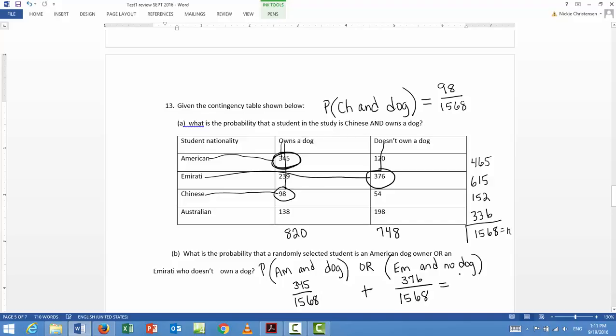So then we just sum those, and we're going to get 721 over 1,568. Make that 7 a bit more 7-ish looking. So that's this contingency table problem. It's a two-part problem. That's problem 13.